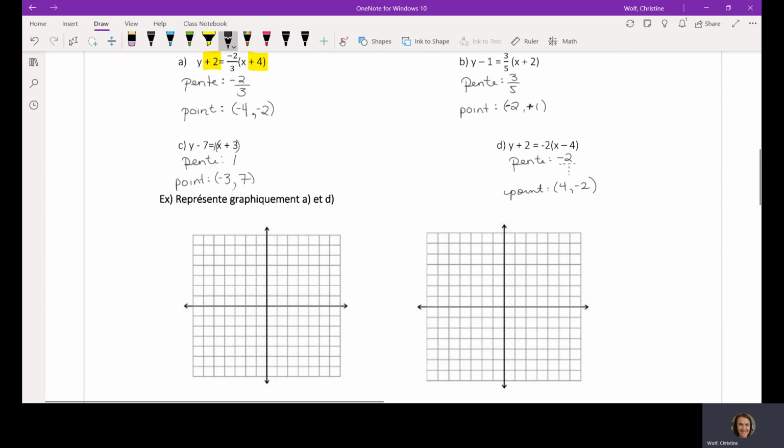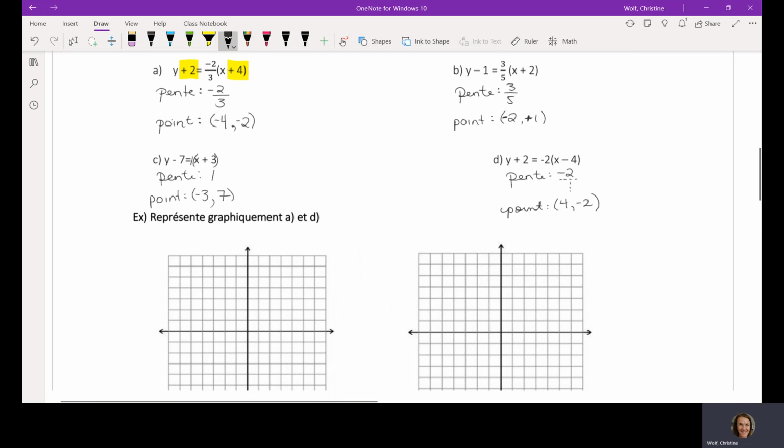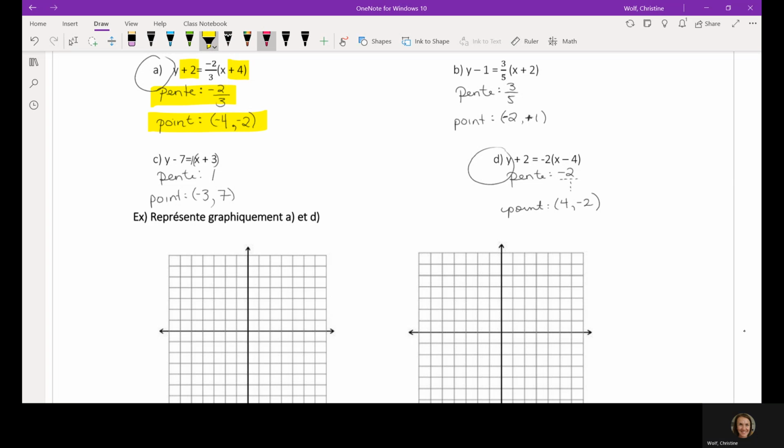OK. So maintenant, on va représenter graphiquement A et D. We're going to show you how easy it is to graph these. So A, je donne l'information que j'ai cherchée de l'équation. So le point donné, c'est -4, -2.